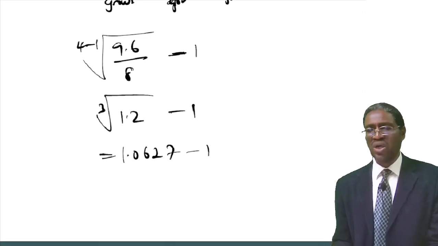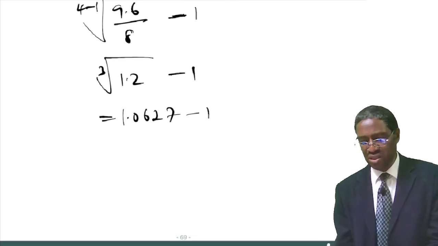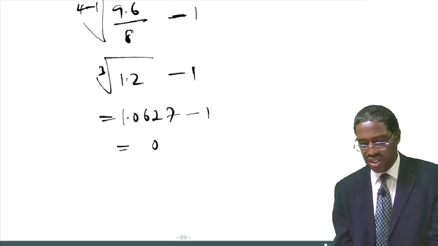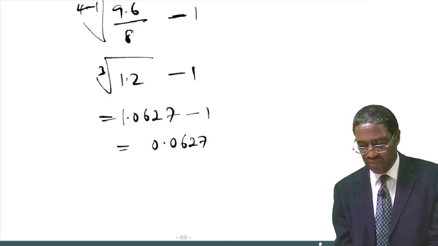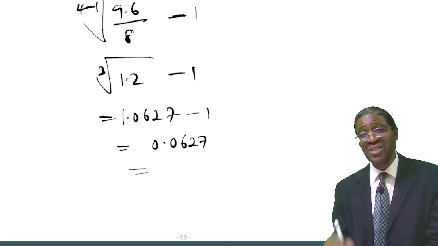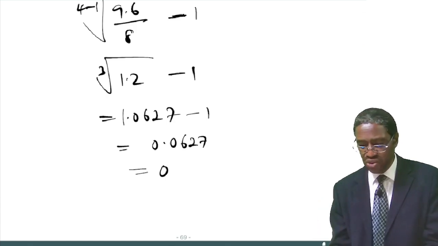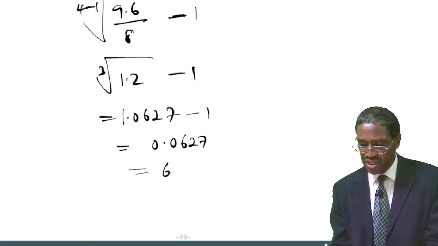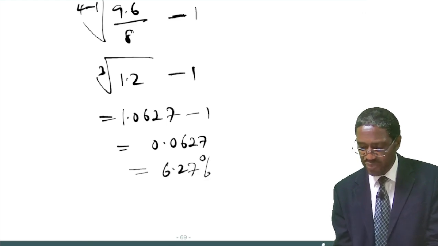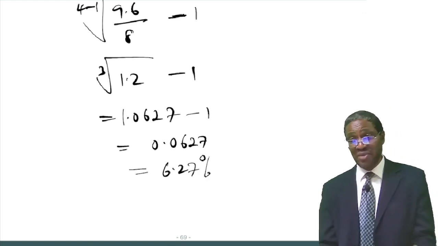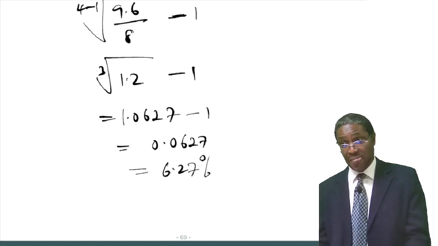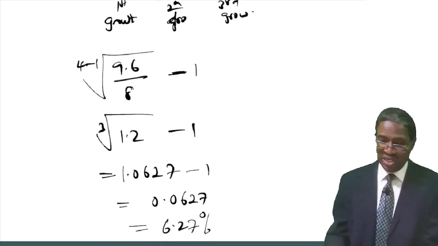Then I minus 1, and this becomes 0.0627. If I express it as a percentage, this will be 6.27%. That's how we are determining the growth rate.